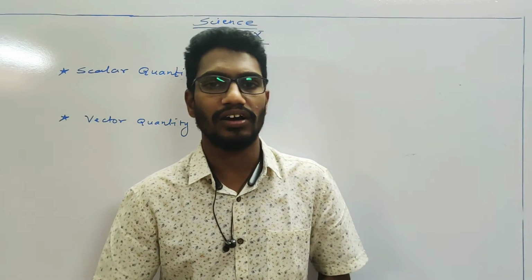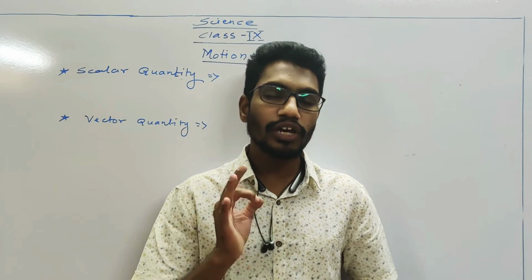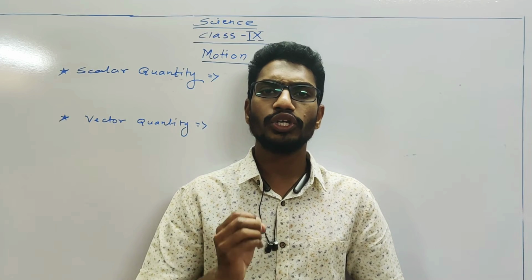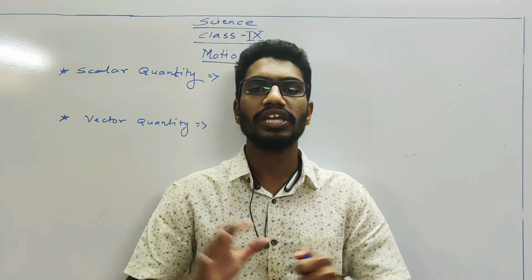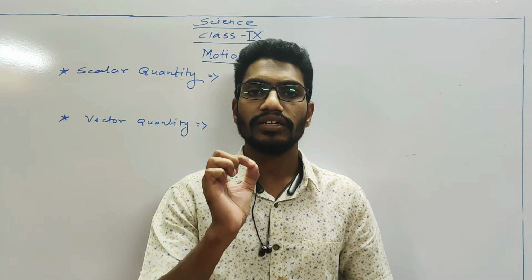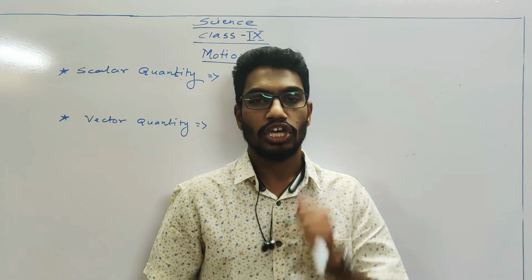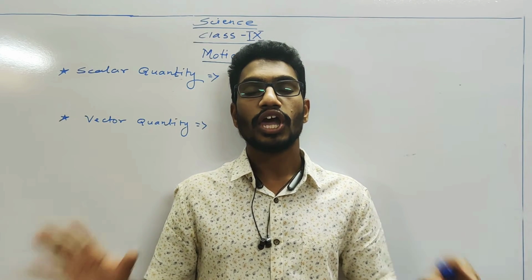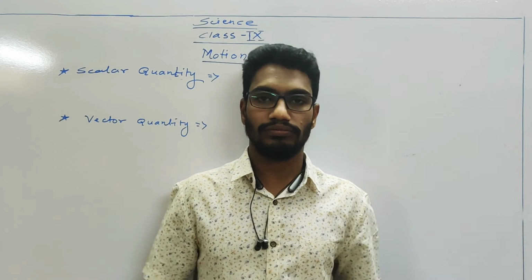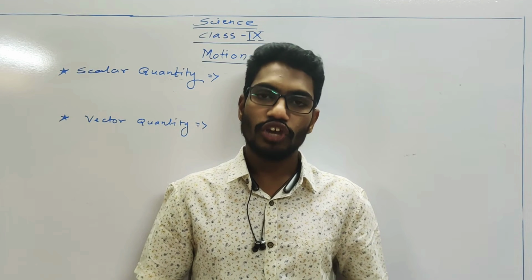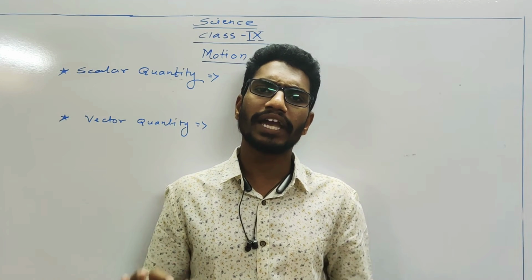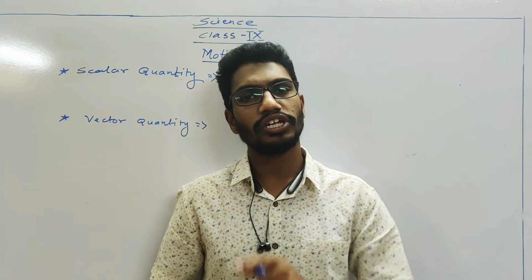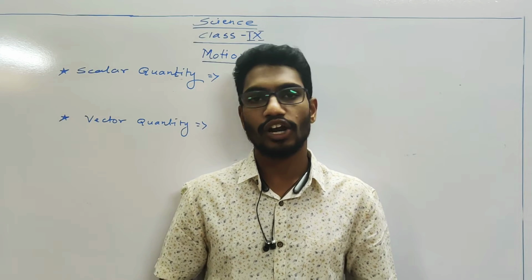Then what is meant by scalar? Okay, the meaning of scalar quantity is, if any quantity is completely described by number only, the quantities which are completely described by magnitude alone, the meaning of magnitude is number, then such quantities are called scalar quantities.